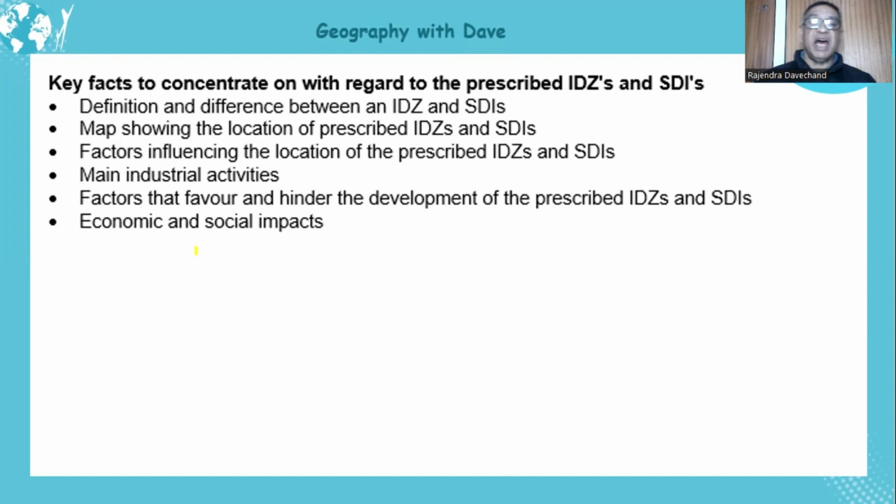In this section on the IDZs and the SDIs, you'll notice that you need to have a definition and a difference between IDZs and SDIs, a map showing the location of the prescribed IDZ and SDI, factors influencing the location of the prescribed IDZ and SDI, the main industrial activities, factors that favor and hinder development of those SDIs, and the economic and social impacts of the IDZ and SDIs.